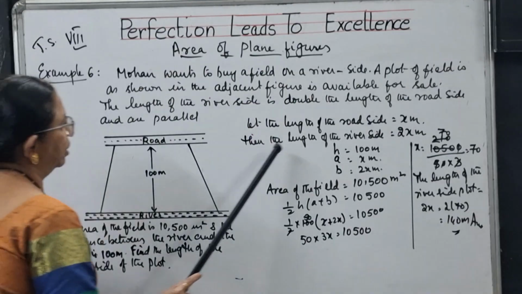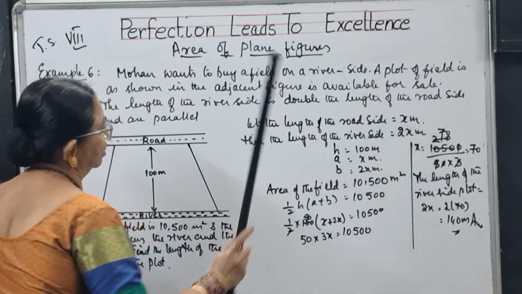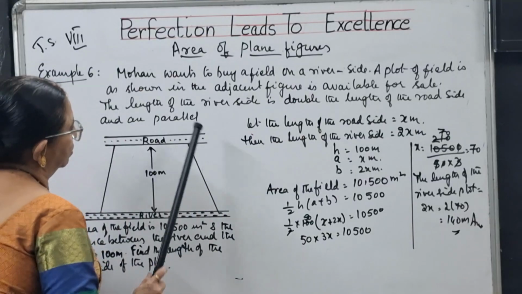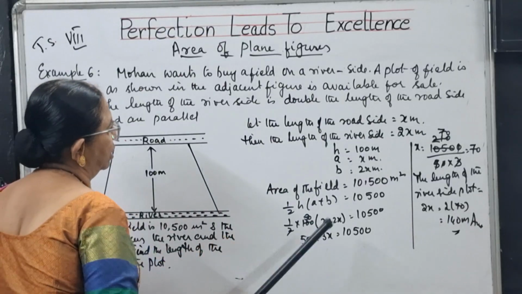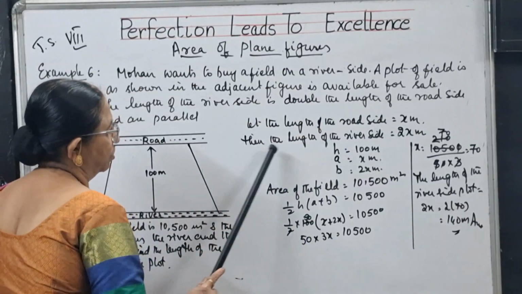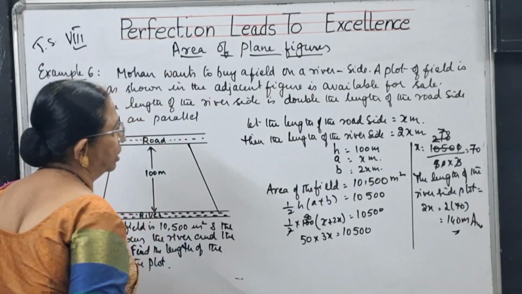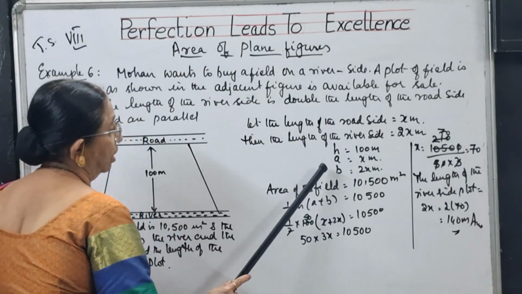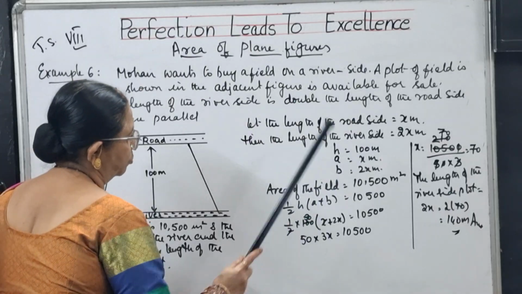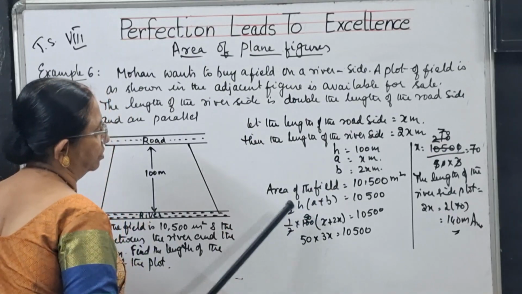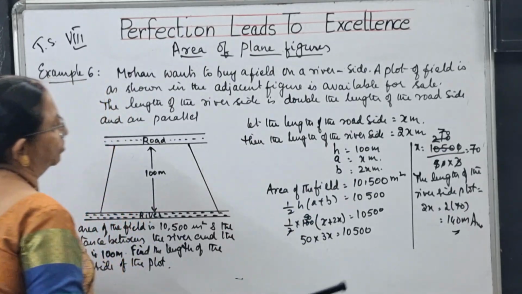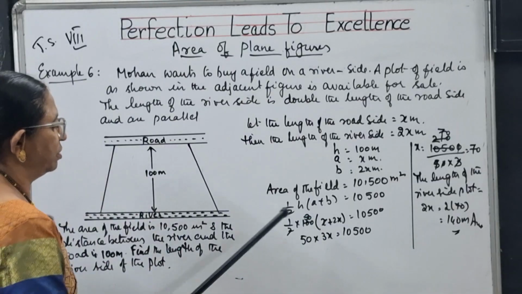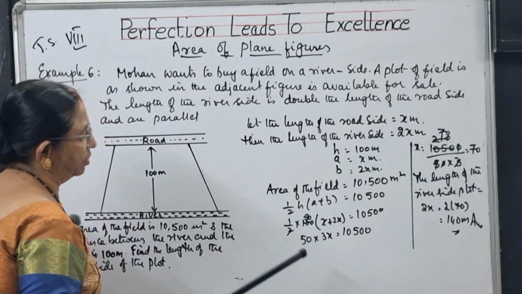So the length of the road side we are considering as x meters, because the length of the river side is double the length of the road side, they said. So the length of the river side is 2 into x. h is given, distance is 100 meters, and a is x meters, b is 2x meters. Area of the field is 10,500. That is half h into a plus b is 10,500.